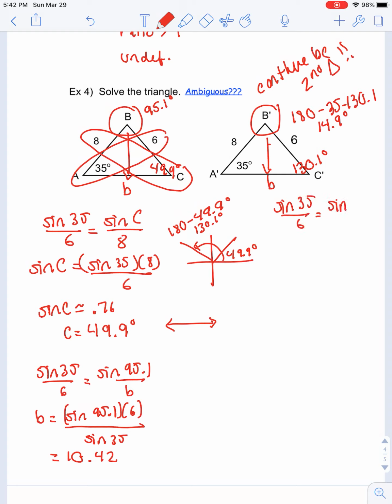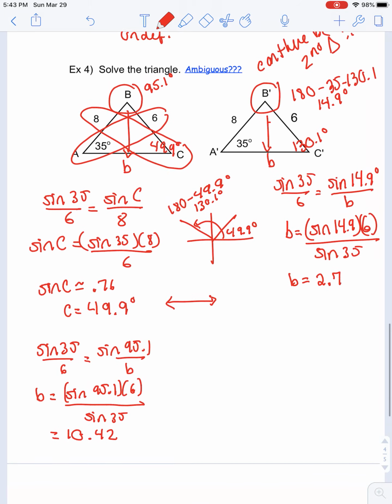Sine of 35 over 6 equals the sine of angle B, 14.9 degrees, over side B. And once again, to solve for side B, we'll do sine of 14.9 times 6 divided by sine of 35, which means that side B in this case is approximately 2.7. These are rounded, of course.